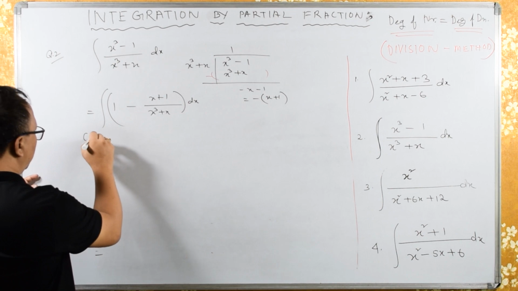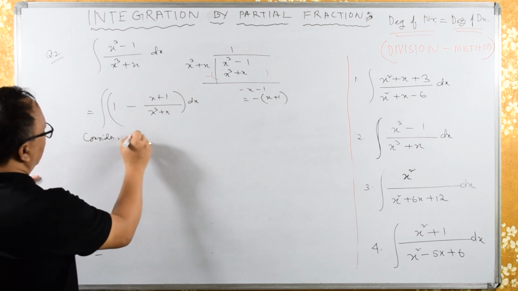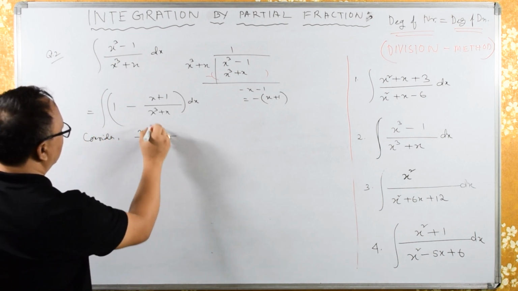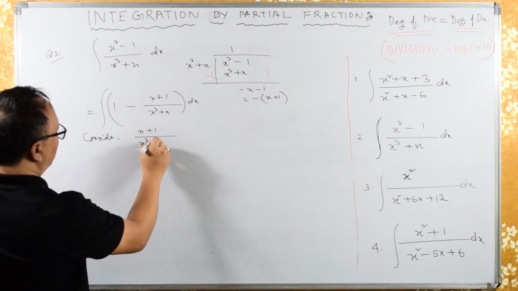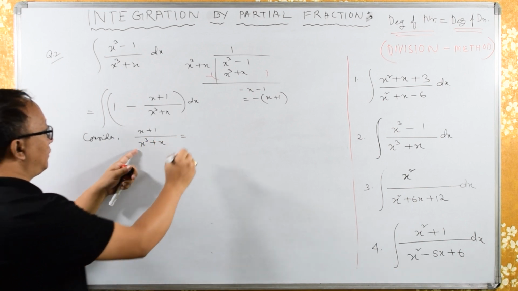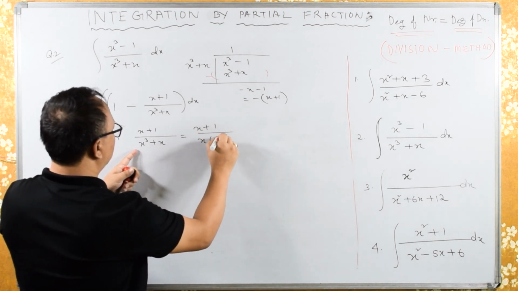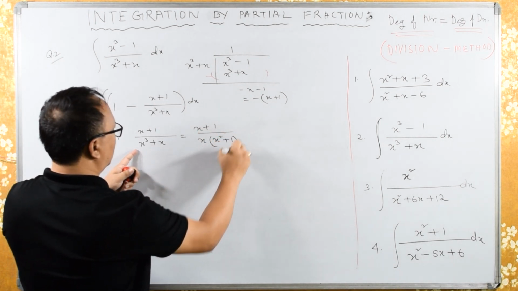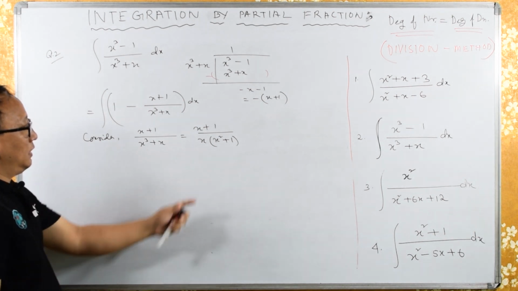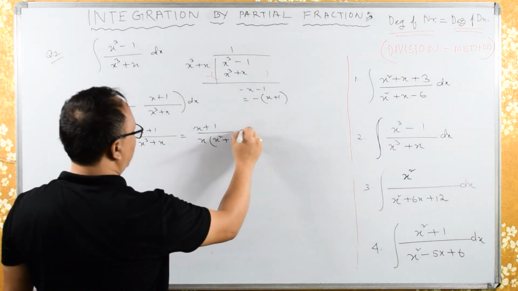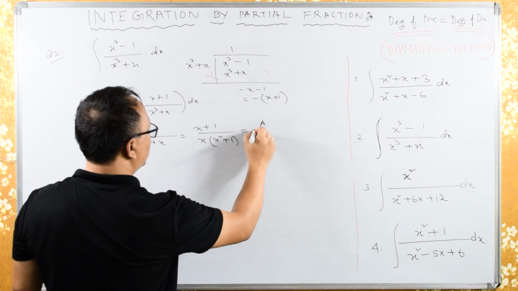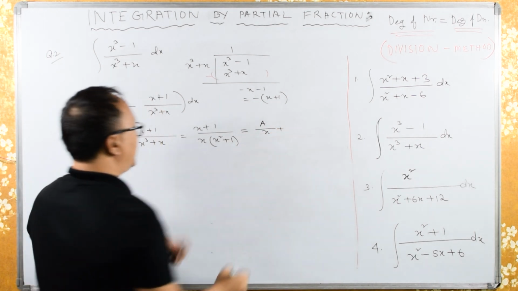Now let's consider (x plus 1) upon x cube plus x. This is the same as, if I take x common here, then x square plus 1. Now this I can write by partial fractions as A upon x plus, since x square is there.